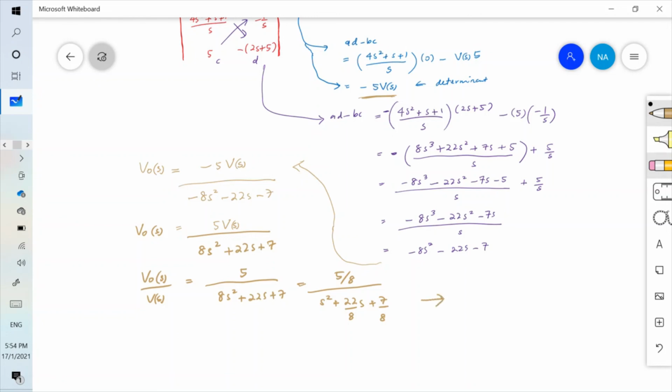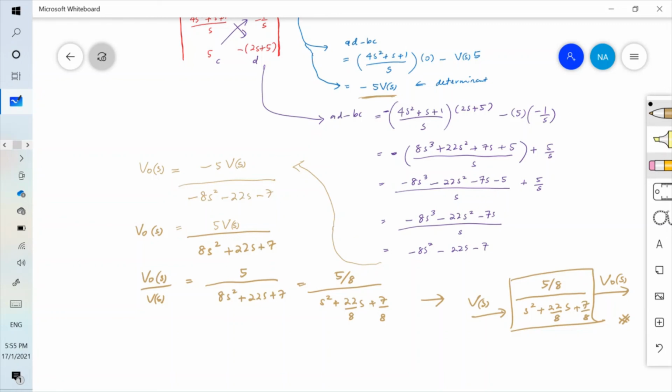Putting this into transfer function form, in the block you will have the transfer function 5 over 8 over s squared plus 22 over 8s plus 7 over 8, and this is your final answer.